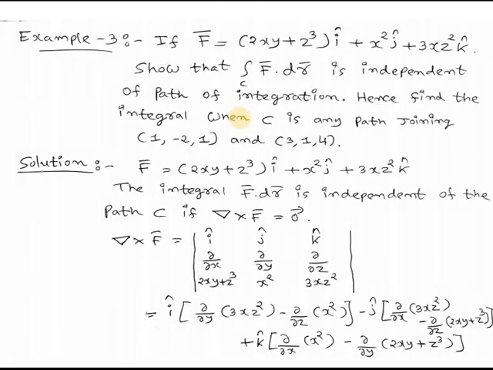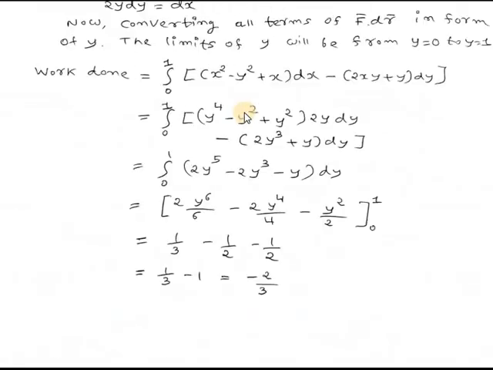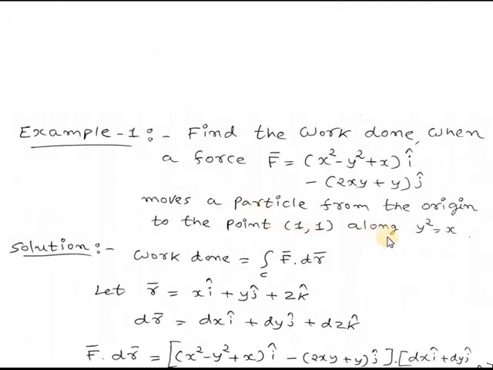Now I am adding one question in example number 1. Is the work done different when the path is the straight line y equal to x? So for that you have to find the value of curl f.